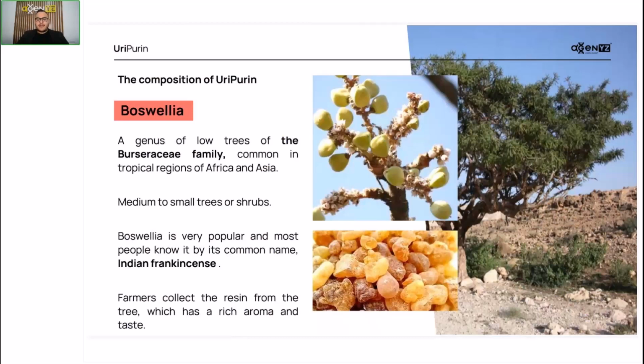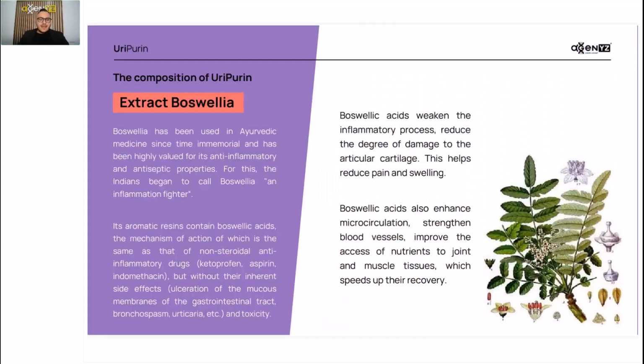Farmers collect resin from the tree, which has a rich aroma and taste. Boswellia extract has been used in Ayurvedic medicine since time immemorial and has been highly valued for its anti-inflammatory and antiseptic properties. For this, Indians call Boswellia an inflammation fighter.